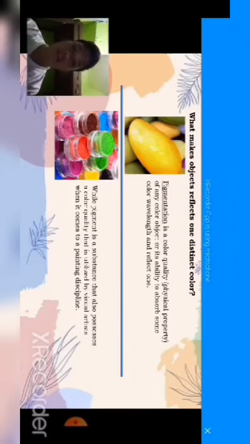Pigments can be categorized into two types: inorganic pigments and organic pigments. So what are the organic pigments? This type of pigments occurs naturally and they've been used for centuries. They're quite simple in their chemical structure. Their name is organic as they contain minerals and metals that give them their color.